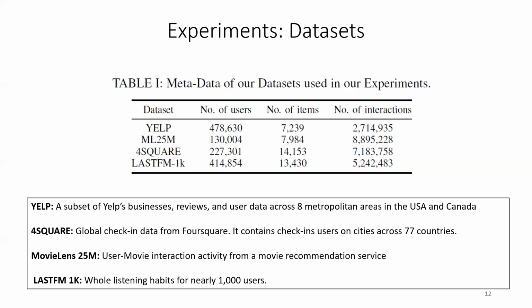We use the MovieLens 25 million data set, which is user movie interaction activity from the MovieLens recommendation service. We also use the Foursquare data set, which is global check-in data from Foursquare that contains check-ins from users in cities across 77 countries. And finally, the Last.fm 1000 dataset, which is the whole listening habits for nearly 1,000 users on the Last.fm platform.